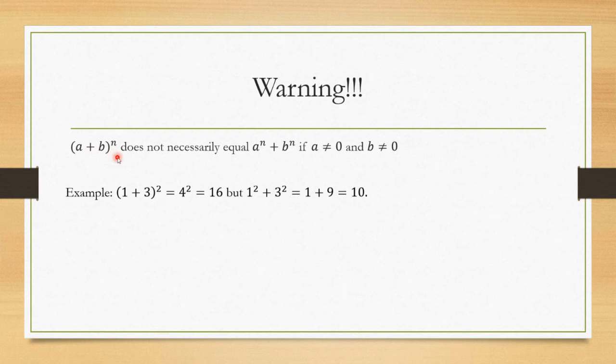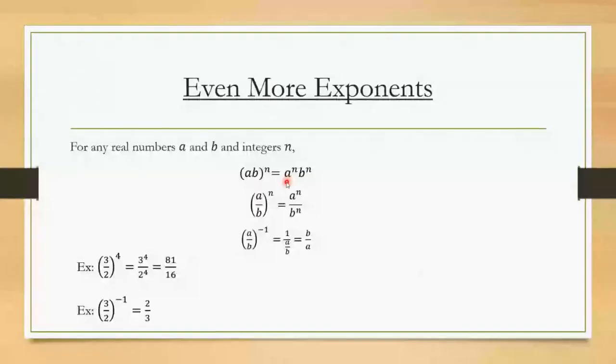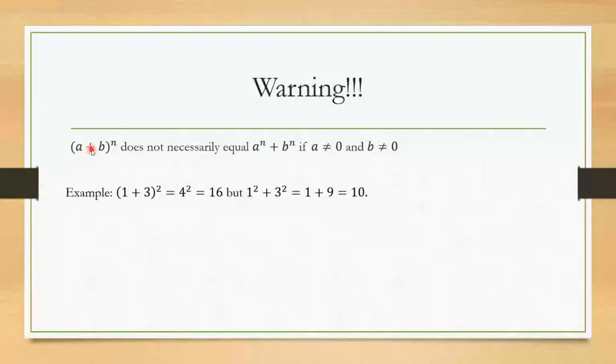I mean, it could equal it, but it doesn't have to. So it's not like in these rules here where multiplication, a times b to the n, is a to the n times b to the n. With addition, you have to be extra careful.